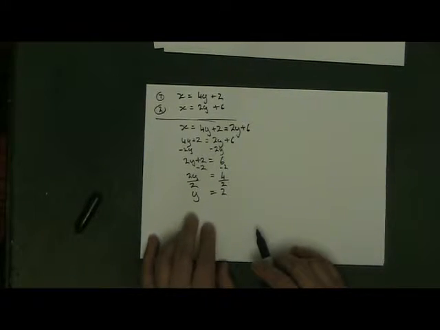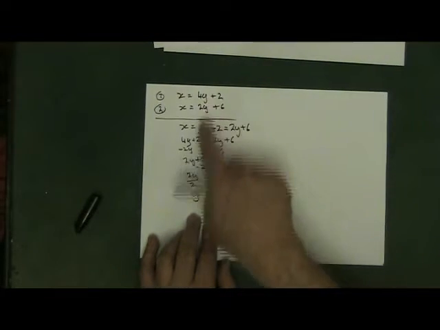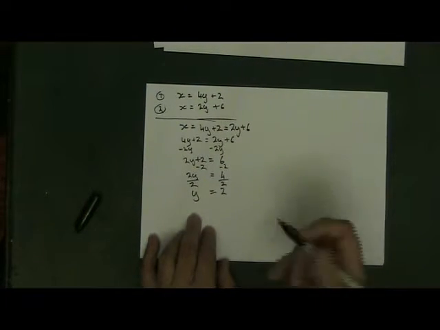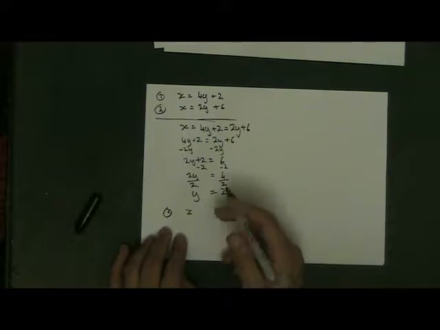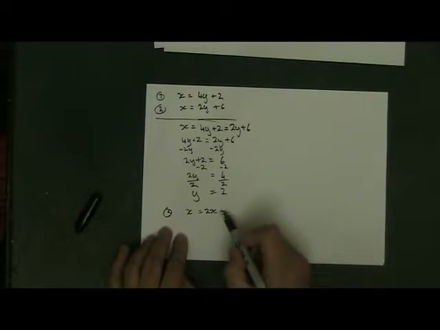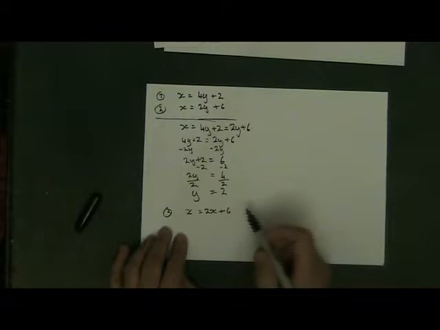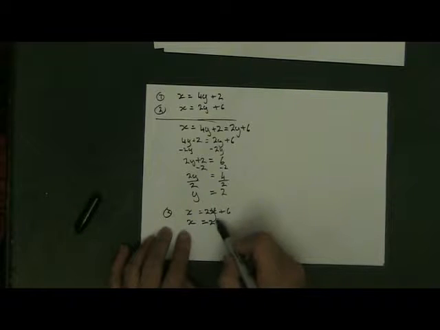So now if I know a value for y, all I have to do is stick that value in either of these equations. Doesn't matter, because remember we said the value of x is the same in each of these. That'll tell you the value of x. So I'm going to go into equation 2, because I think it's easier. x is equal to 2y plus 6. x is equal to 2 times 2 plus 6.